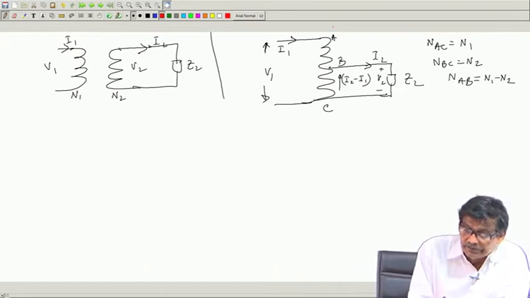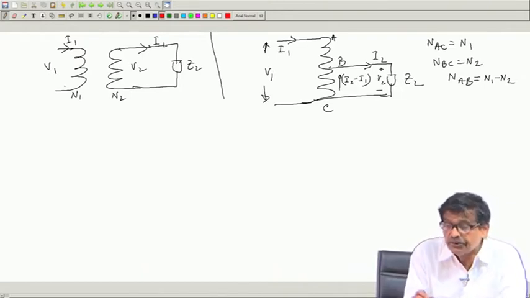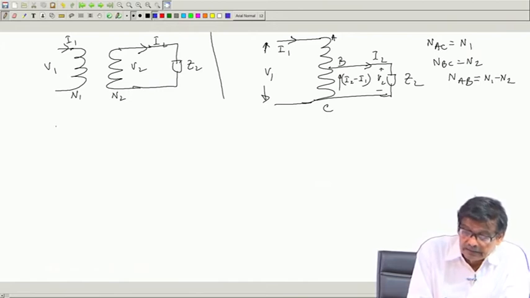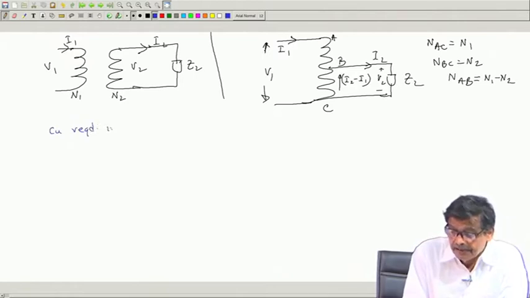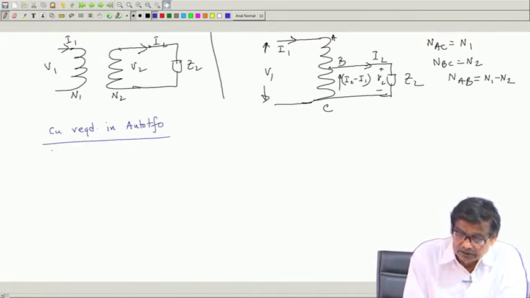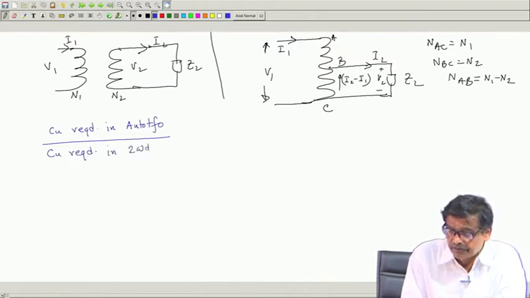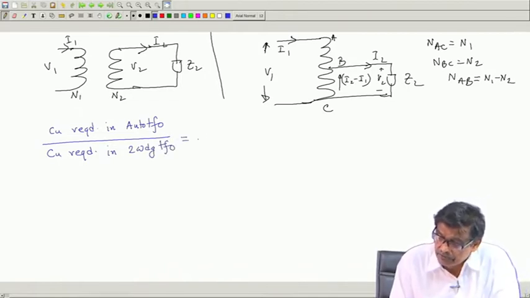Now, what I will do is this, I will find out the ratio of these two quantities: copper required in auto transformer, I am writing in short, divided by total copper required in two winding transformer. This ratio I will try to find out.